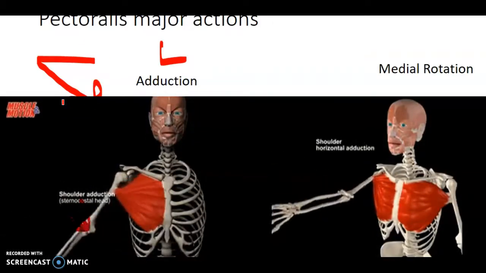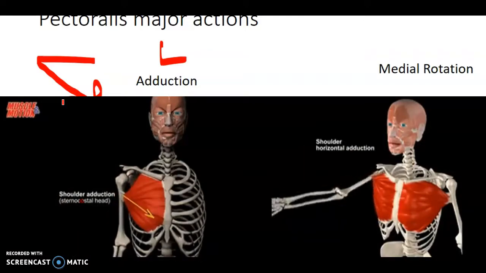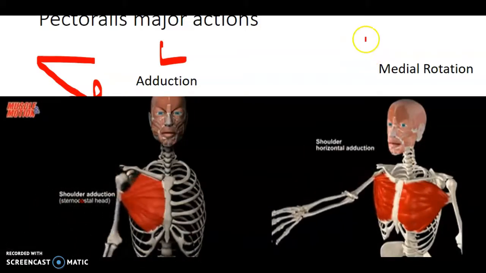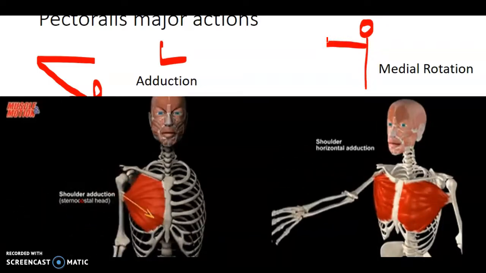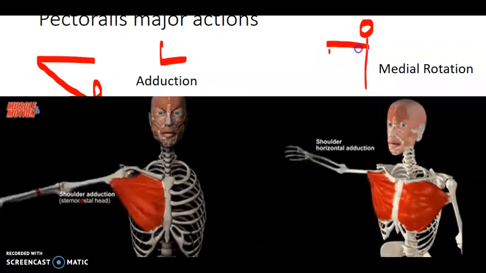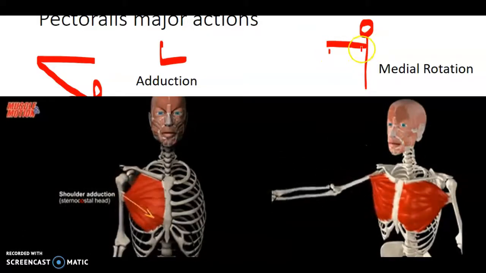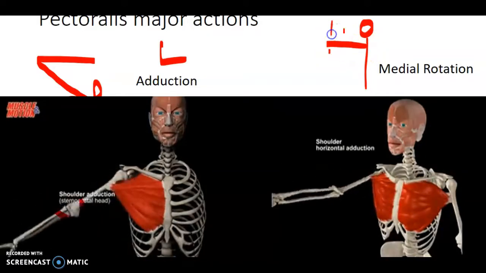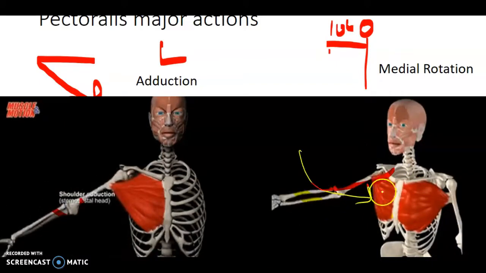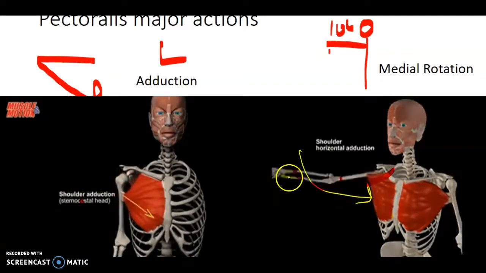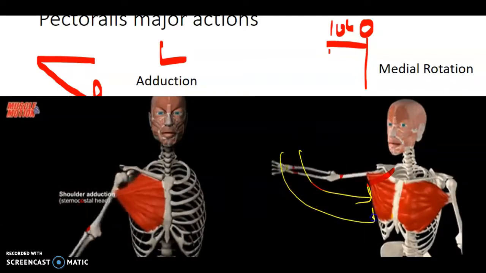Medial rotation, I actually wish I had my front camera on now. Here's our stick figure. There's our head. He has his arm like this, and he is bringing it towards the midline. He's making this angle, that's 180, towards the midline. So Curly here, see how he's bringing it towards the middle.